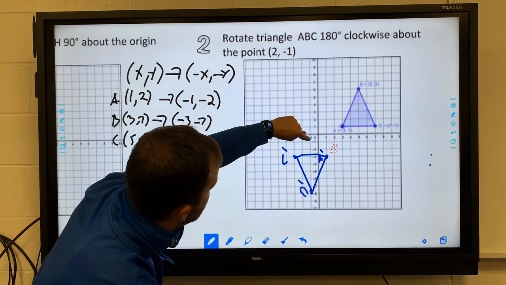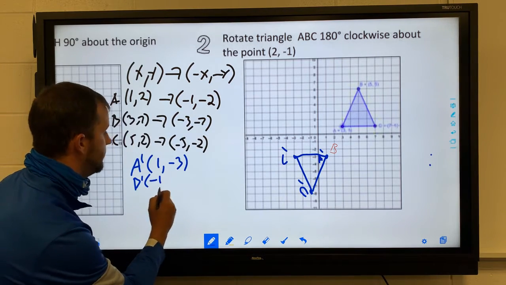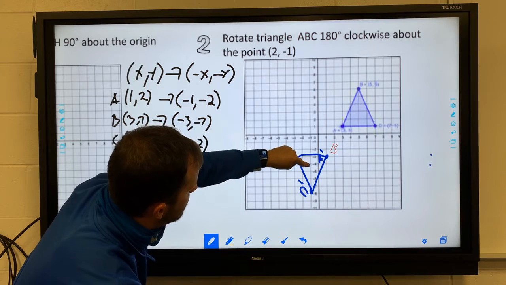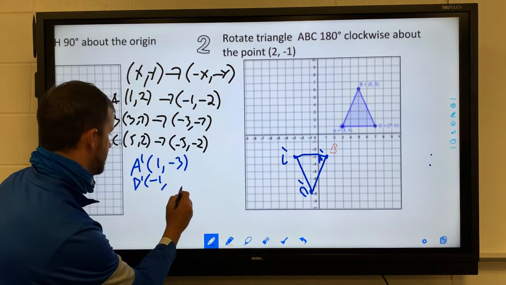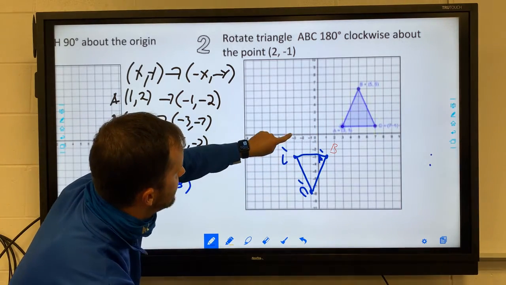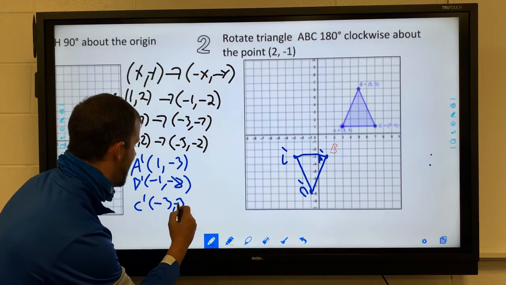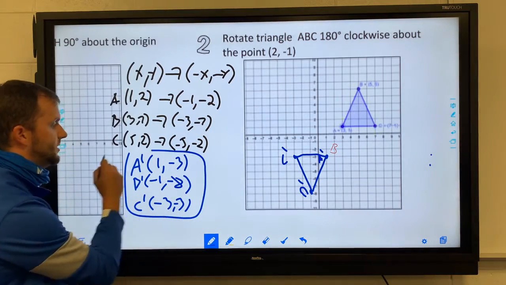So -1, 1, 2, 3, 4, 5, 6, 7, 8 actually. And then C prime is going to be -3, 1, 2, 3, -3. So these would be your actual coordinates for those points.